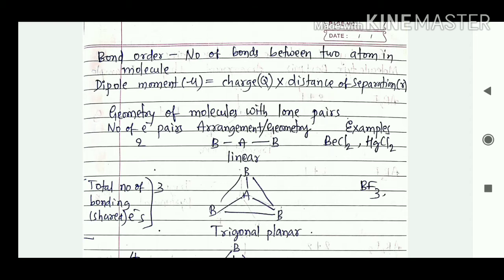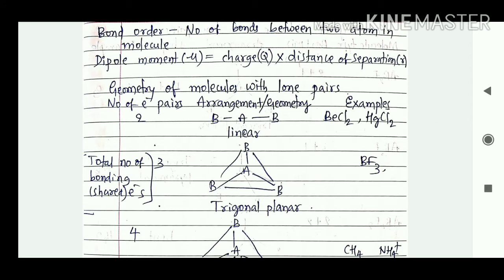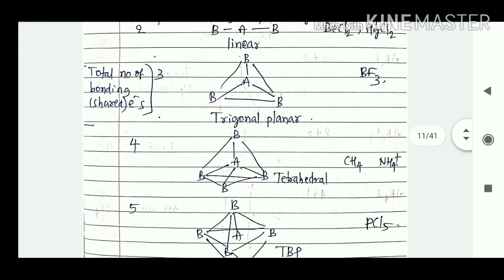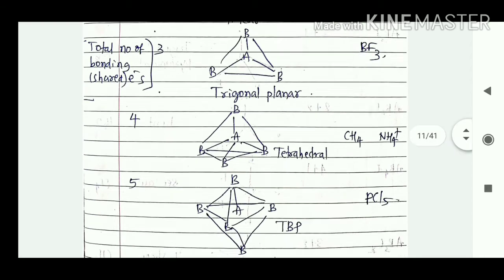If the number of electron pairs is 3 and the arrangement is trigonal planar, the example is BF3. If the number of electron pairs is 4 and the arrangement is tetrahedral, the example is CH4 and NH4 plus.